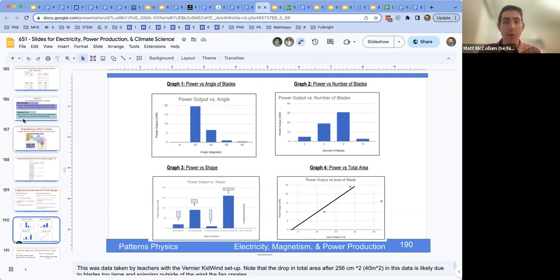If you are having students cut out the blades and glue them on, that just takes longer and longer. Having power versus angle completely set up is very helpful.